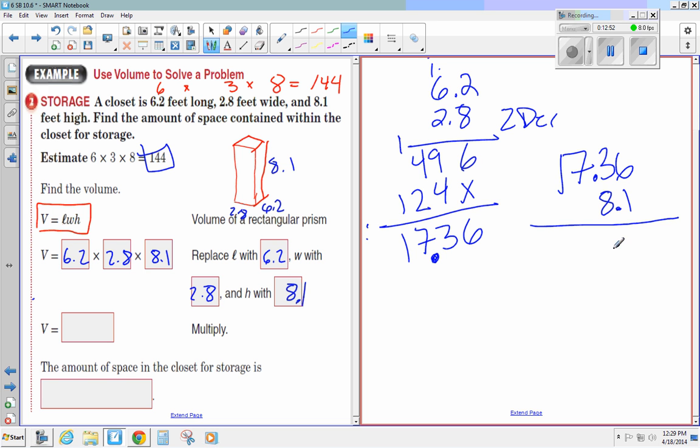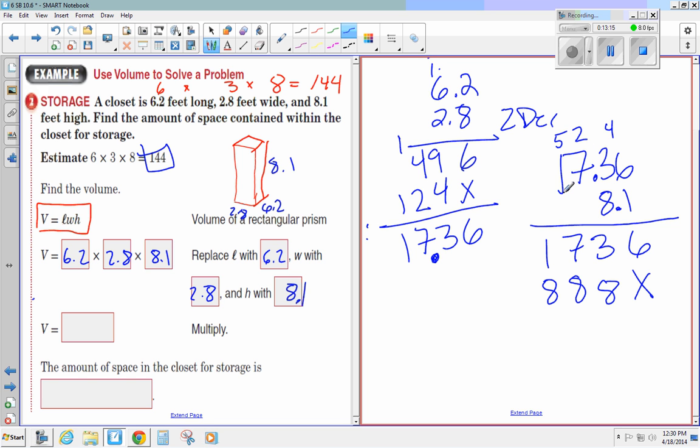And let's multiply. 1 times 6. 1 times 3. 1 times 7. 1 times 1. Placeholder. 8 times 6 is 48. Carry the 4. That's 24. Plus 4 is 28. Carry the 2. 56, that's 58. Carry the 5.